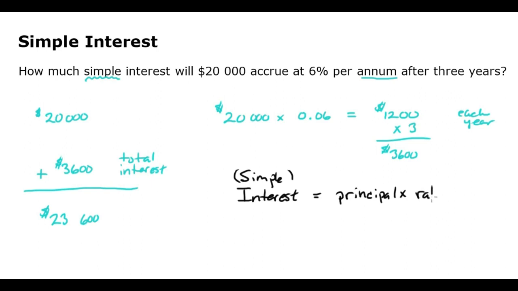Let's just say rate. And of course, it's going to be multiplied by the number of years as well. So we get this nice compact little formula. We usually see a capital I, which represents simple interest, is going to be the principal, the amount that you have invested, multiplied by the annual rate, multiplied by the number of years.